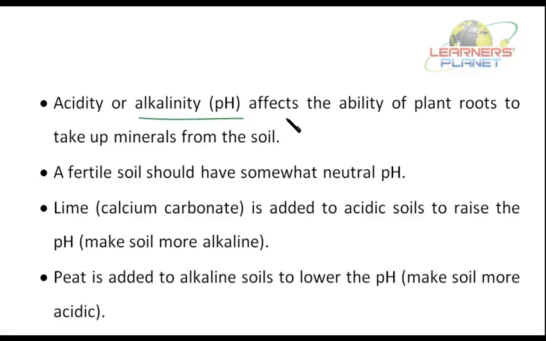So students, acidity or alkalinity affects the ability of plant roots to take up minerals from the soil. And a fertile soil should have somewhat neutral pH. pH means the concentration of hydrogen ions.